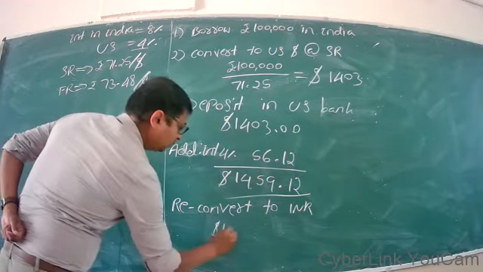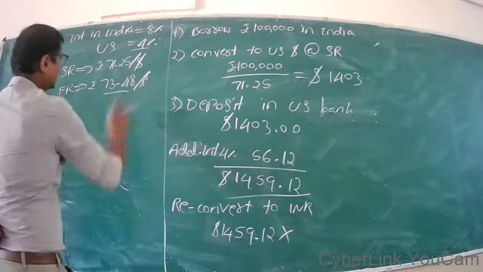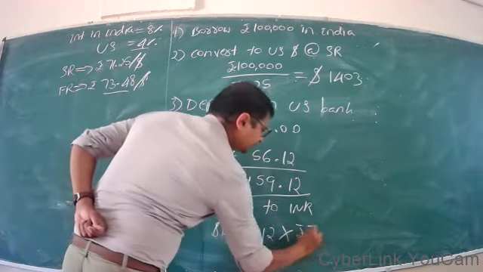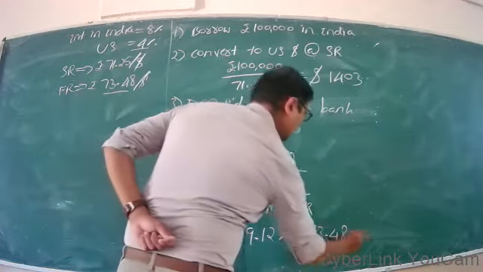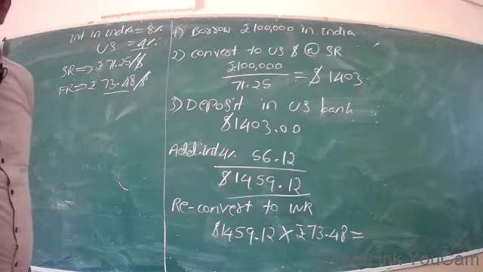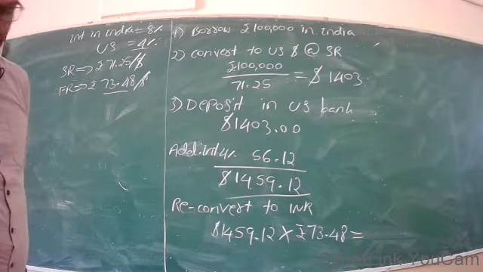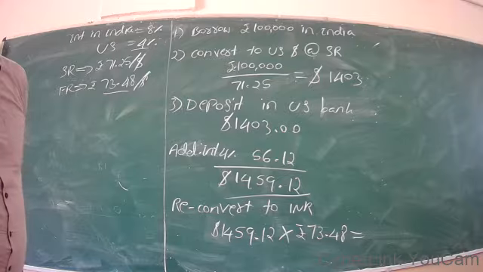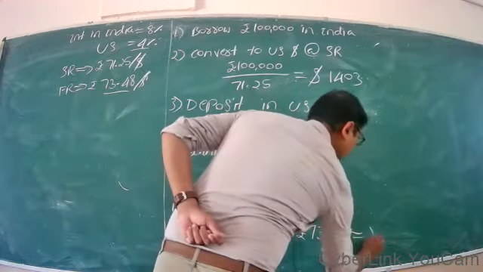So dollar 1,459.12 after 1 year, the exchange rate is rupees 73.48 per US dollar. That becomes 1,07,260 rupees.